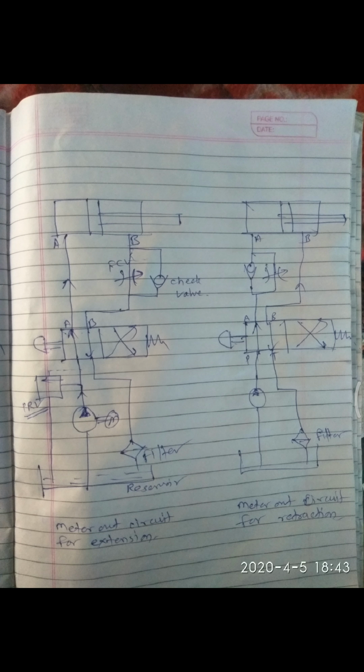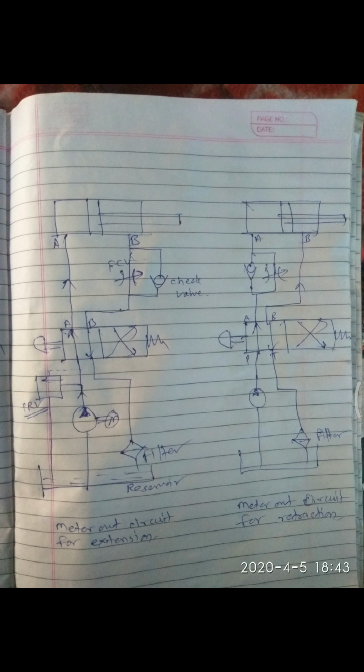So it is called the meter out circuit. Metered quantity is given out to the reservoir through a filter. So now here meter out circuit for extension. In the extension stroke, speed is controlled by using the meter out thing.